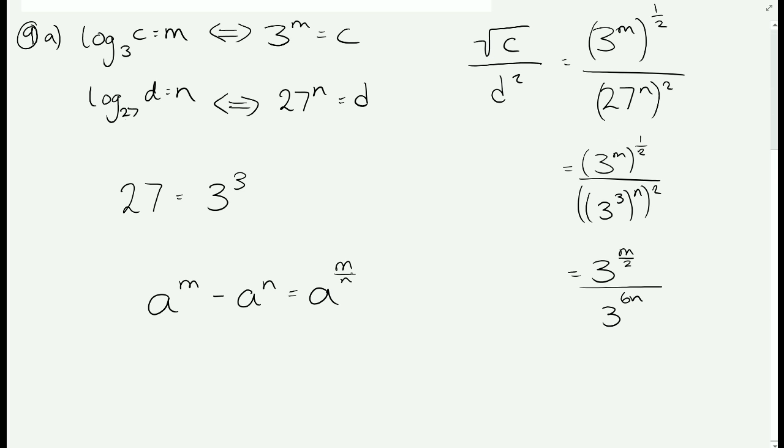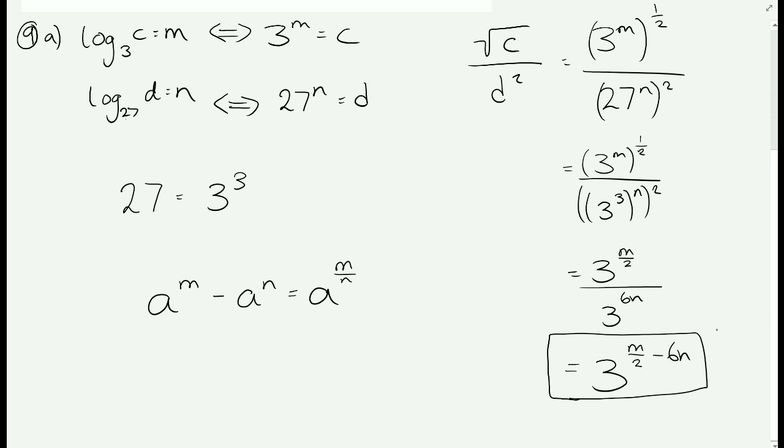So we're in this situation where we've got our two powers divided by each other. So we can rewrite this as 3 to the m over 2 minus 6n. And that is our single power, 3 to the power, which is going to give us our final answer to this question.